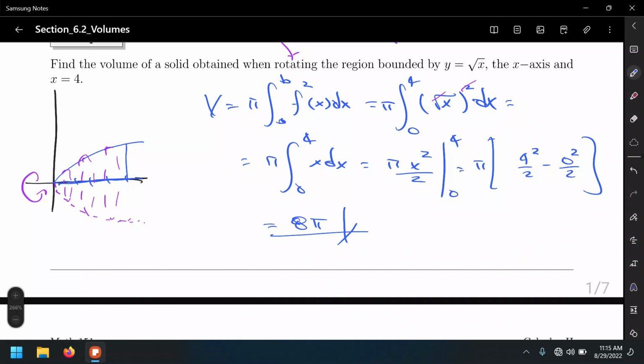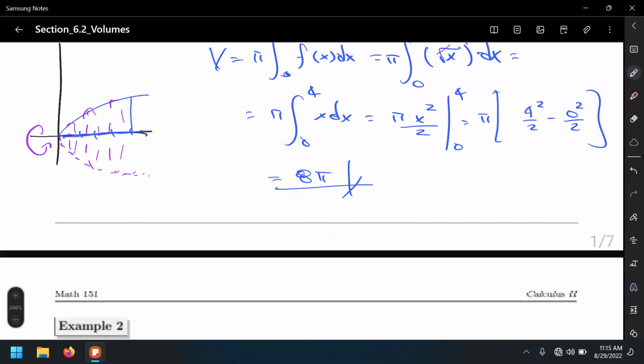Number 1, this is like the simplest case and the simplest point of view of the problem. But of course, not all regions will be this simple. And actually, I'm going to go back to this problem to show you a different perspective, which is actually the generalized way to set up this volume problem.